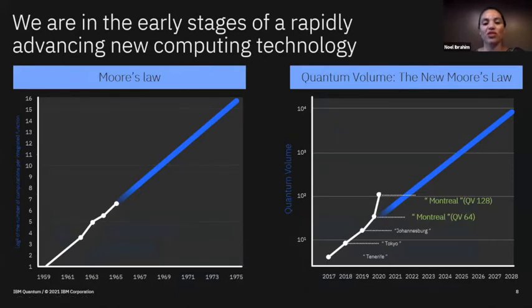However, we're slowly reaching the physical limits of what we can do with transistors and making them smaller and smaller, and therefore making more and more powerful integrated classical circuits. However, what we see on the right here is a new version of Moore's law that shows that the power of quantum computers is exponentially growing. And in fact, recently, we've seen this departure from the exponential curve to an even greater accelerated pace of development.